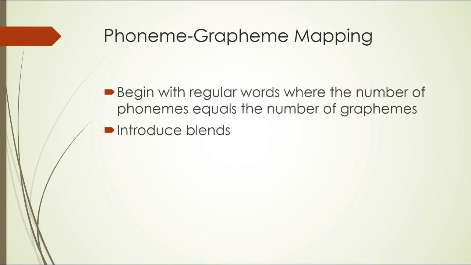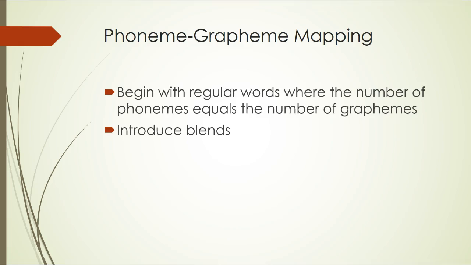Then we want to introduce digraphs. Digraphs are a combo of 2 letters that represents 1 sound. So if you look at the beginning letters, PH, in the city Phoenix, those beginning letters, PH, represent 1 sound, which is f, like in fish. But it's spelled very differently than in fish. And our digraphs, remember, are written in 1 box. Why? Because they represent 1 sound.